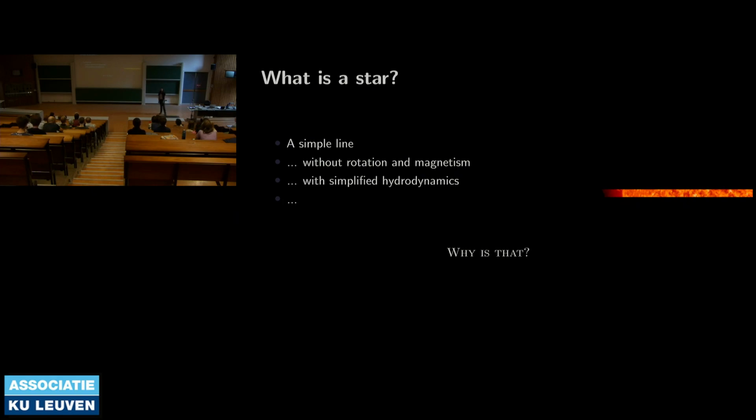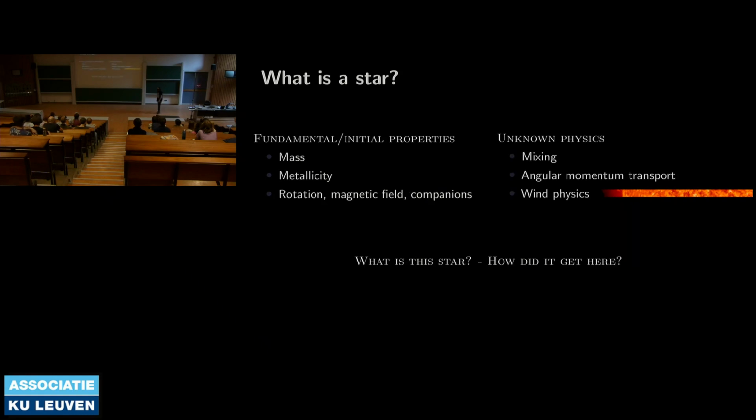The issue is those approximations come with parameters. We don't know exactly what is going on all the time in a star, so we parameterize certain aspects. That means when we model a star, we not only need to fit the fundamental or initial parameters of the star, like its mass, its composition, what its initial rotation was, what kind of magnetic field it has, but also a whole bunch of parameters with regards to unknown physics, like how element transport in the star works, how angular momentum transport works.